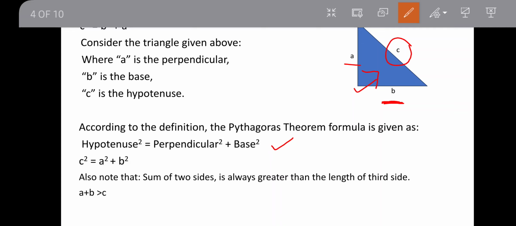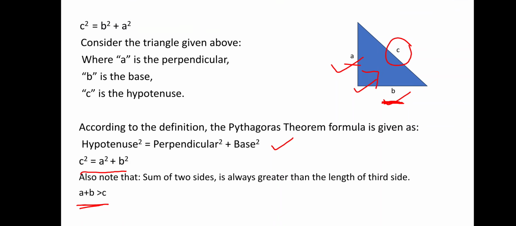If we replace them with the corresponding alphabet, we get C square equals A square plus B square. Also note that in a triangle, the sum of two sides, A plus B, should always be greater than C, the length of the third side.